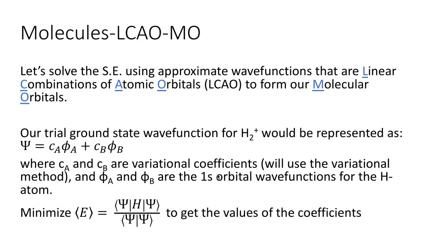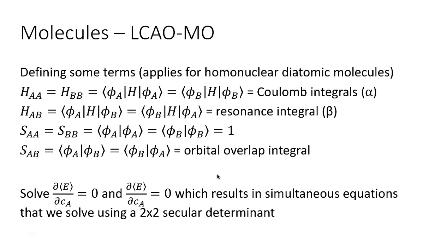For H2 plus, our two atomic orbitals are the 1s orbitals of the two hydrogen atoms. Then we have two variational coefficients, Ca and Cb, which are varied as you minimize this expectation value.